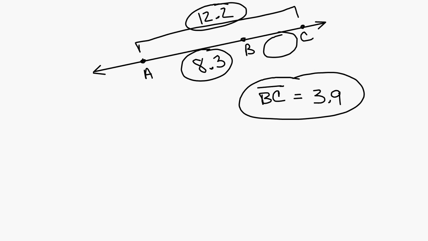Example 5. Now they're going to add some expressions. In example 5, let's see, X, Y, and Z. You got X, Y, and Z on the same line.